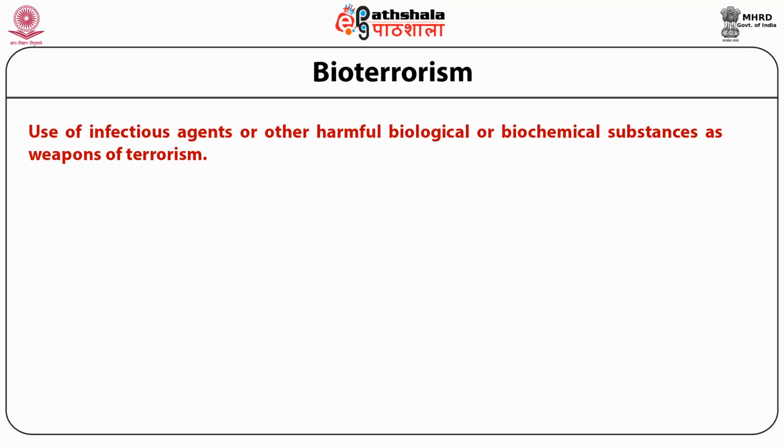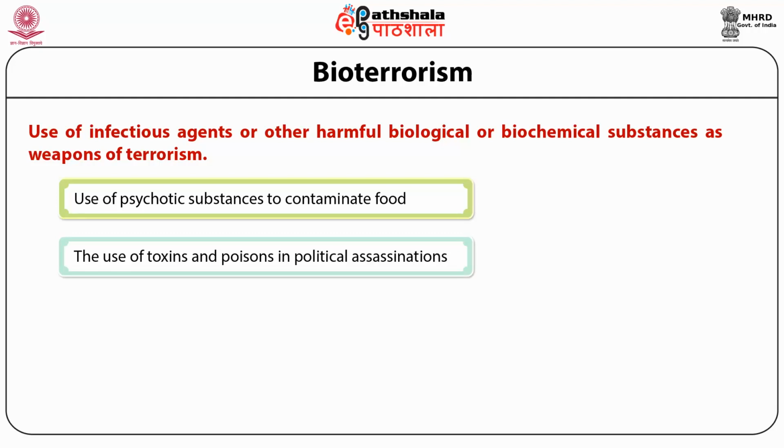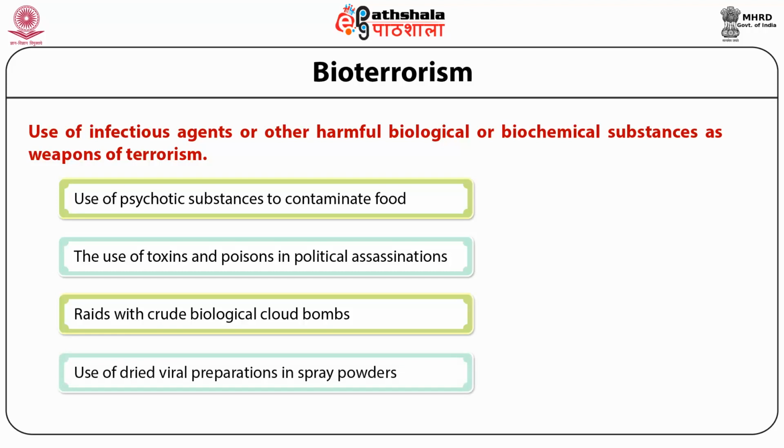If we look at some examples of bioterrorism: use of any psychotic substances to contaminate food; use of toxins and poisons for political assassination or killing someone; raids with crude biological cloud bombs, like using some microbes or real hazards to infect the society; using dried viral preparation spray powders.